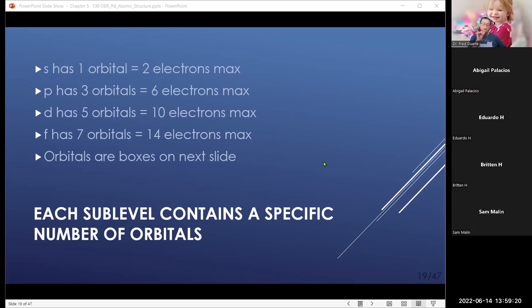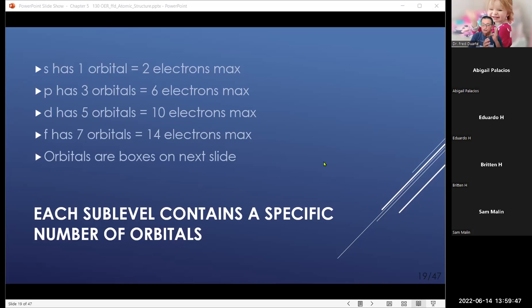In the S orbit, there's only 1 S orbit, but for the P orbit, there's 3 of them. Every orbit, regardless of the letter, can only handle a maximum of 2 electrons.